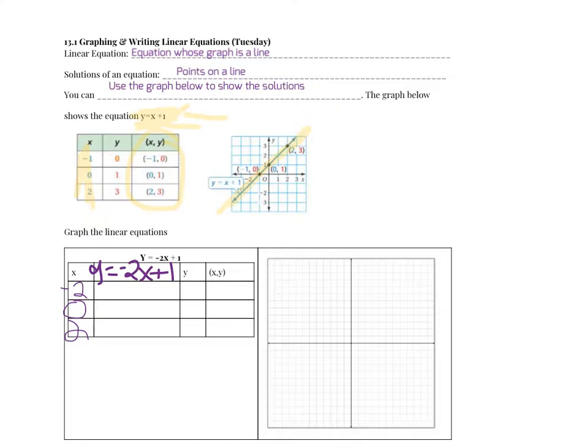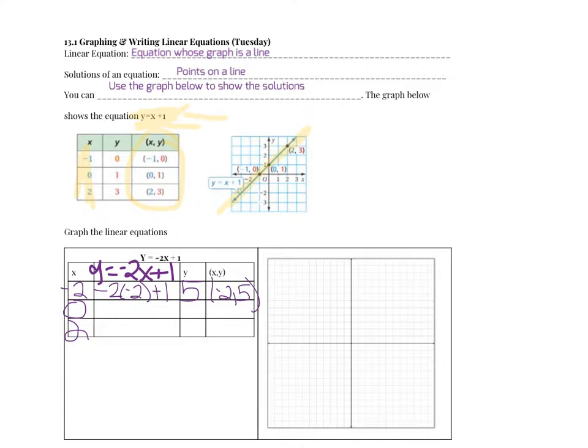So I'm going to plug in -2 for x, so -2 times -2 plus 1, okay? All I did was take my x and plug it in. Now -2 times -2 is 4, plus 1 gives us 5. So then our coordinates are x is -2, y is 5. Let's try that with the next one.